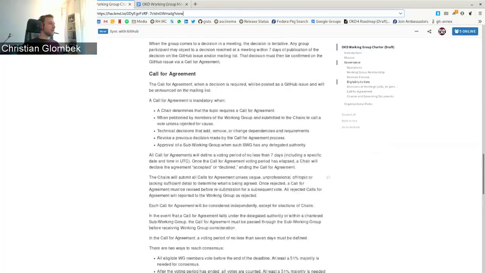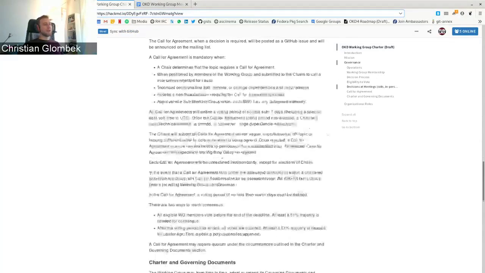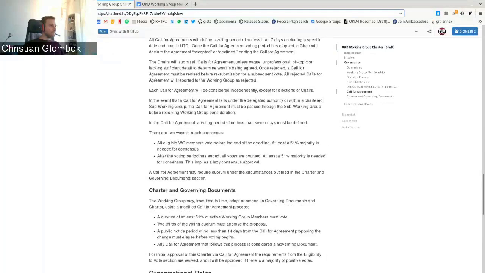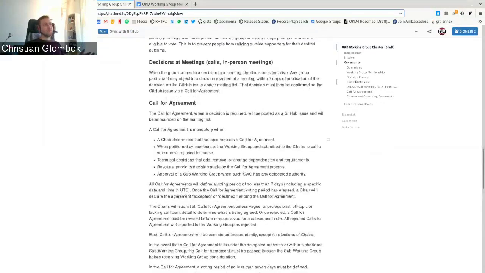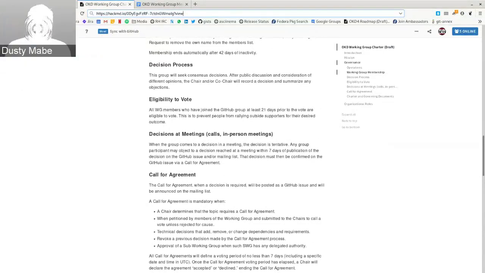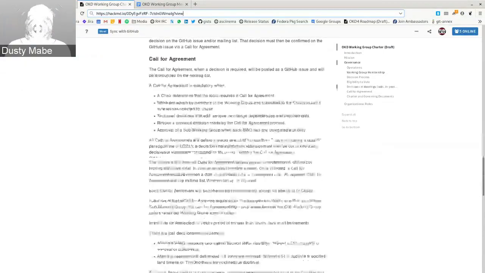We just don't want to later have a problem with all the people that don't contribute anymore, that aren't active, and we just want to have a mechanism to clearly point to that says, okay, you haven't been active for, I think it's 6 weeks, 42 days, and then we can remove you from the members list. You can definitely reapply as well. I maybe should specify that as well.